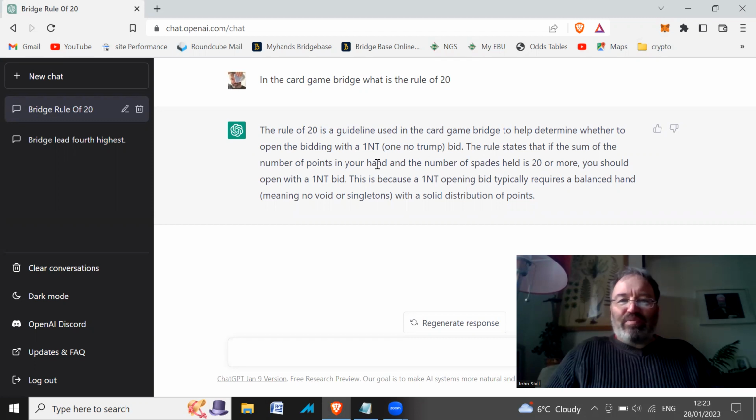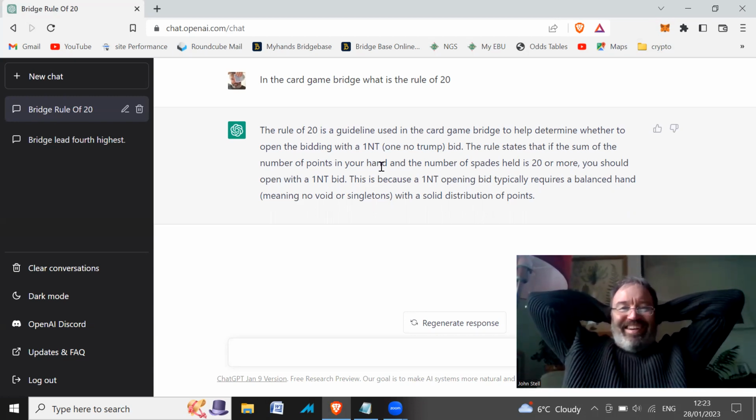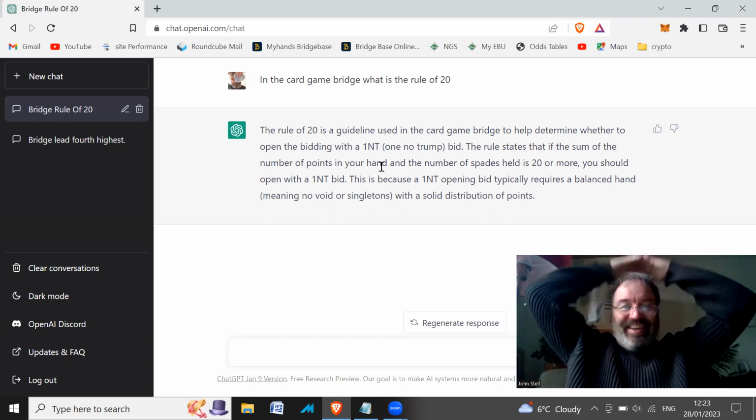This is because a 1-no trump opening bid typically requires a balanced hand, meaning no voids or singletons, with a solid distribution of points. What? Jesus Christ. Sorry.